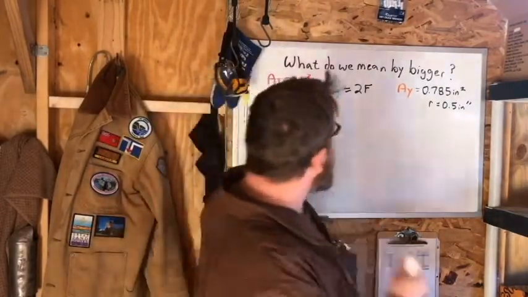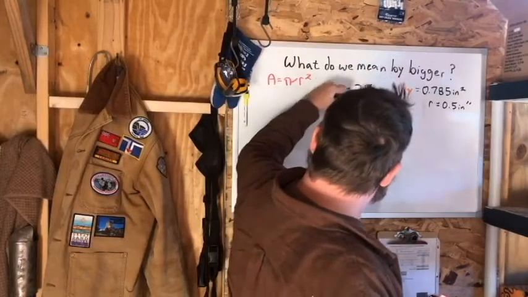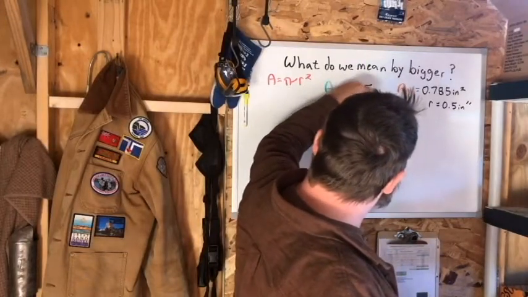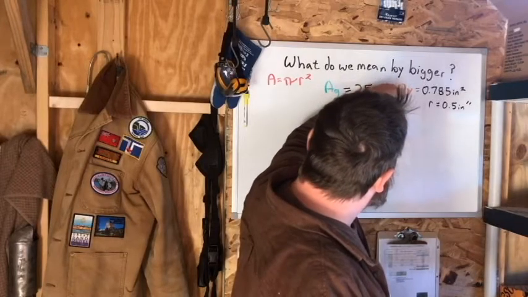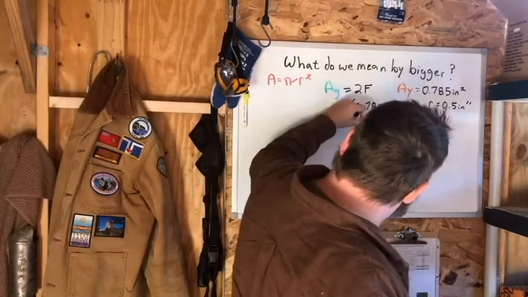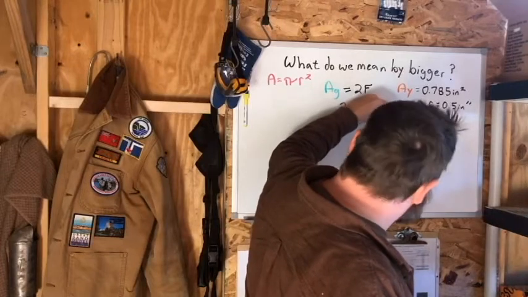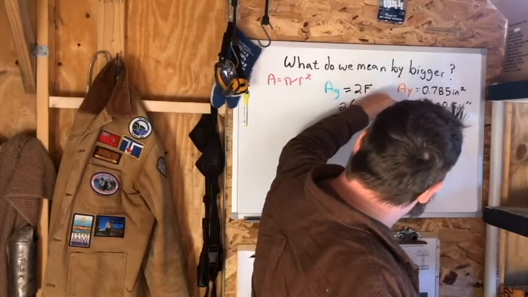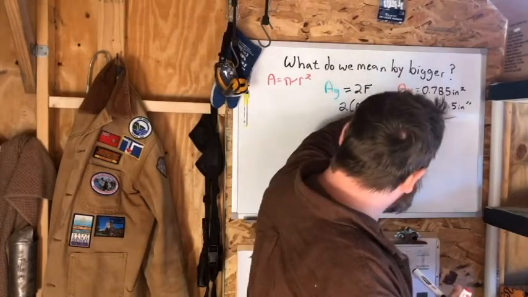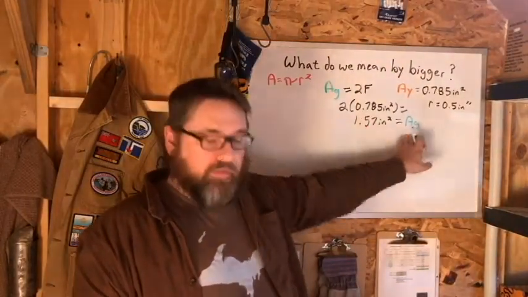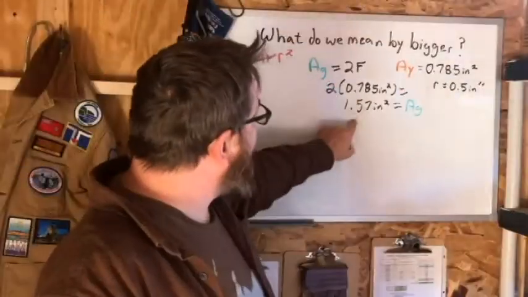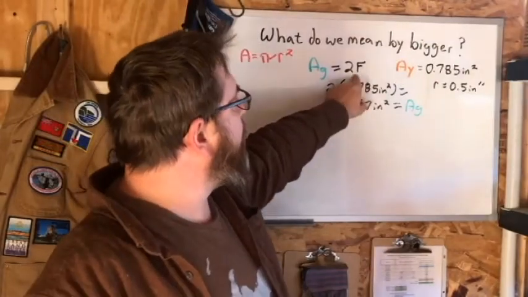So all we need to do is multiply 2 by 0.785 inches squared, and we get about 1.57 inches squared is equal to our area of green Sasquatches.